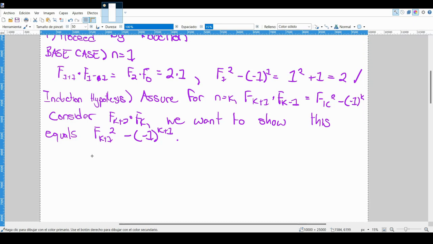Given how the Fibonacci sequence is defined, we know that fk plus 2 times fk equals fk times fk plus 1 plus fk. And in this case, we're just replacing this value here with the two preceding numbers. And then we can expand that, and we have fk squared plus fk plus 1 times fk.